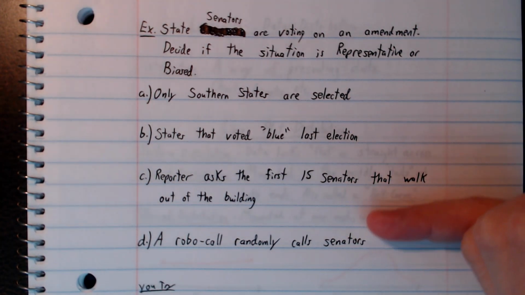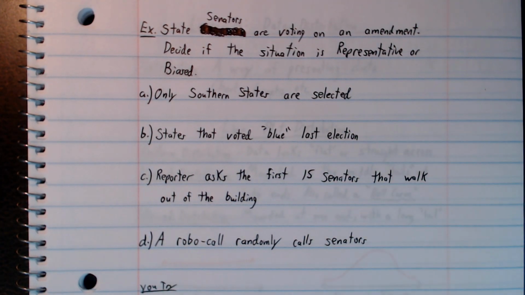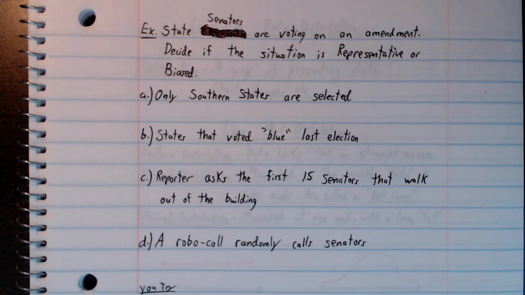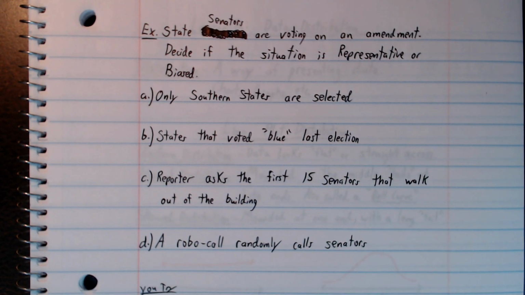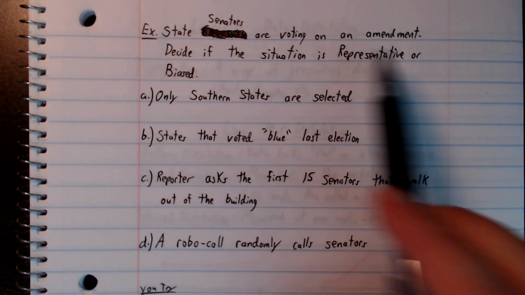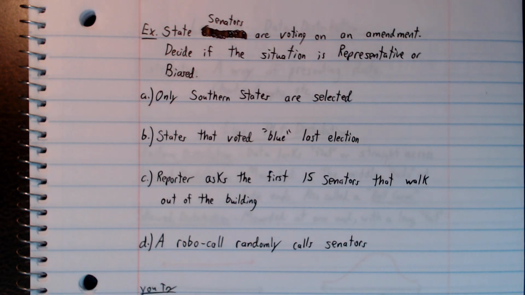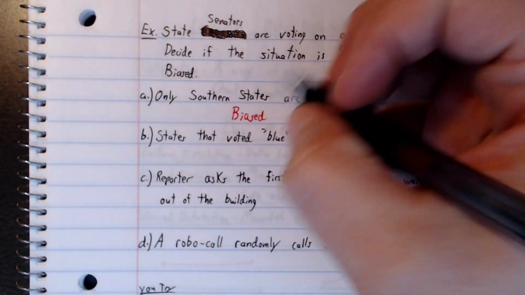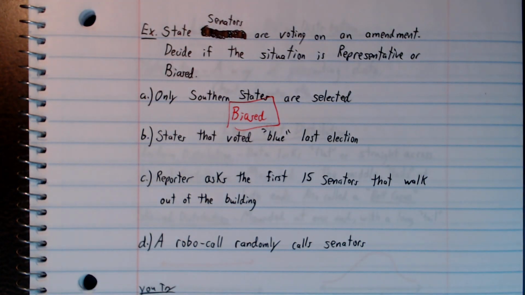If they were to ask these situations on the voting of an amendment, what could we say? Would it be representative or would it be biased? In the first question, it says only southern states are selected. I don't know what the bill is on. But just the fact that they're only asking southern states, I would consider that to be somewhat biased, because maybe they're talking about something that never happens in the north.